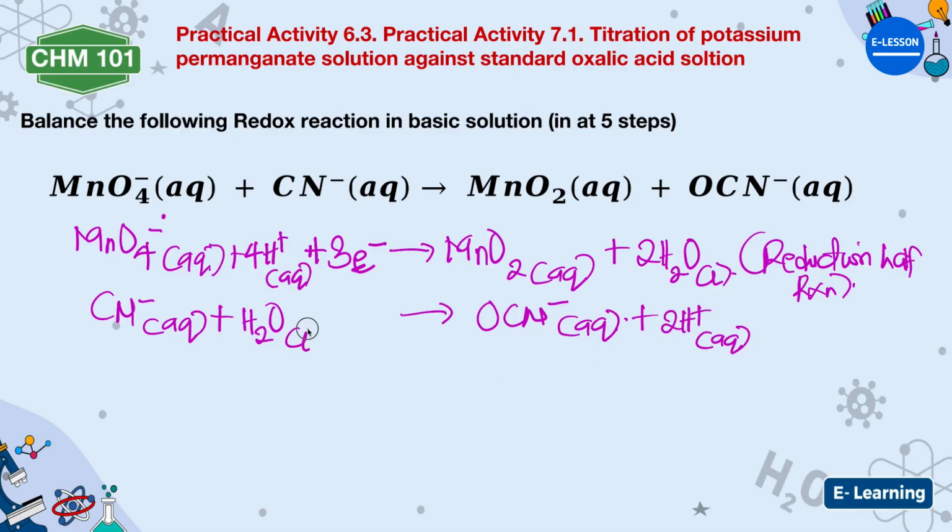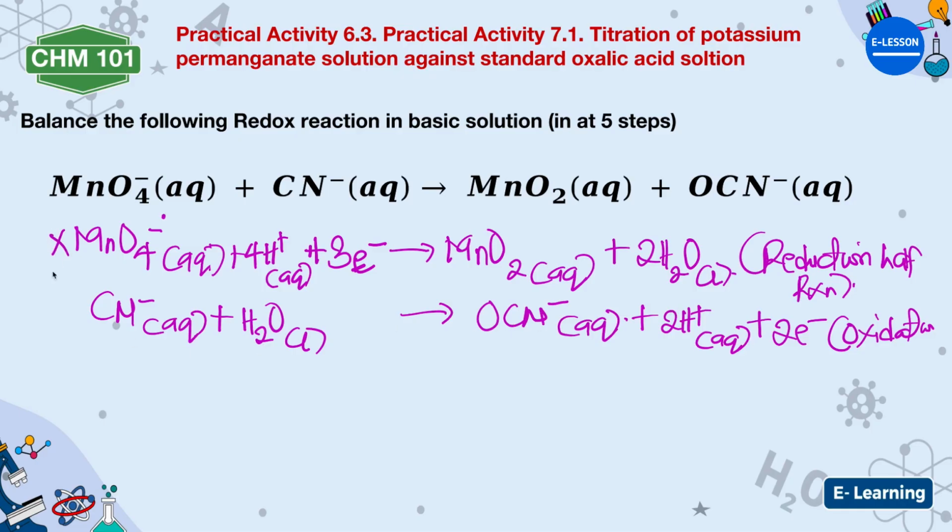This is liquid. Now, we need to balance the charges. This one has a charge of -1. This one here has a charge of +1. So to have a charge of -1, you need to neutralize these 2 positive charges by adding 2 electrons. Because the electrons are added at the right-hand side, you say this is the oxidation half reaction.